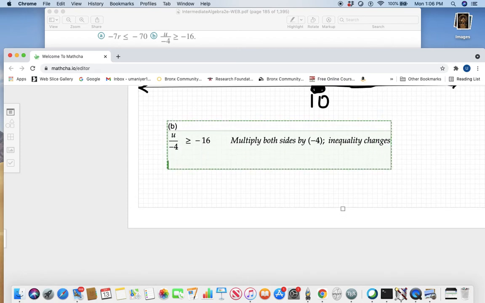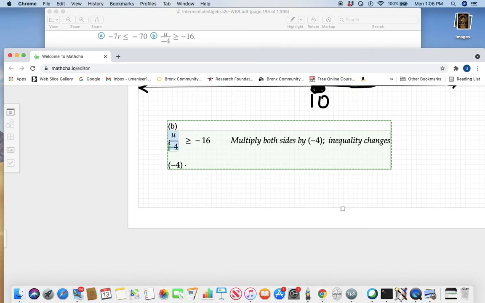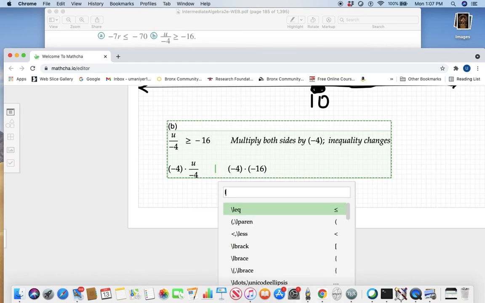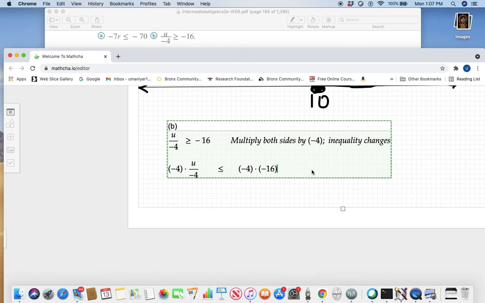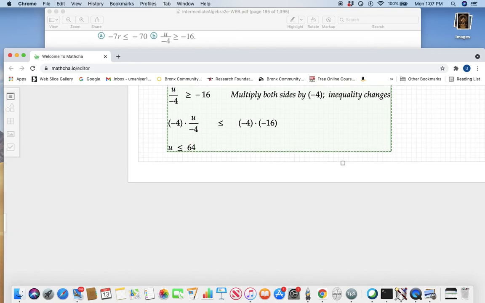All right, so I have negative 4 times the left hand side, and then negative 4 times the right hand side. Greater or equals becomes less or equals. Okay, so that negative 4 cancels the negative 4. u is less or equals negative 4 times negative 16, which is positive 64.